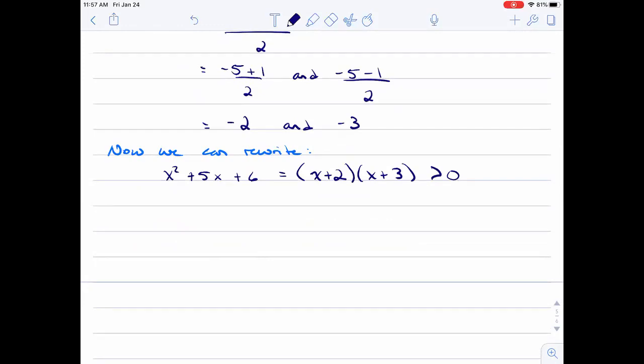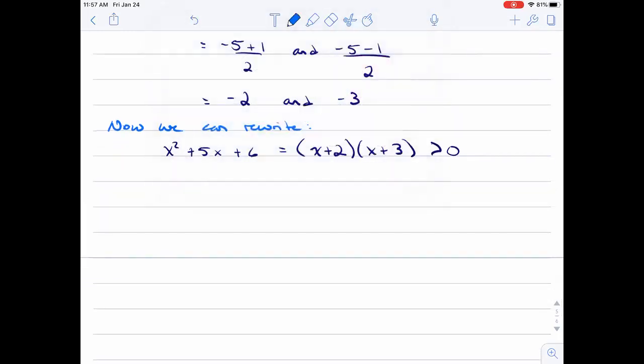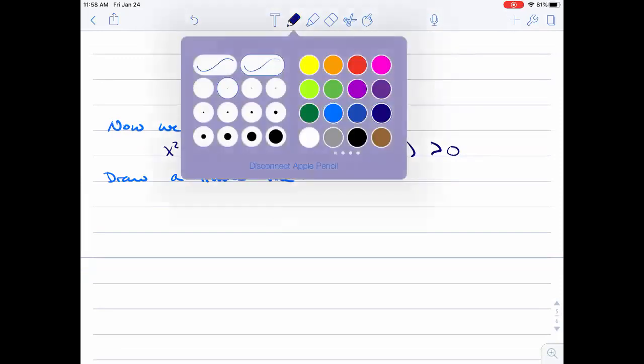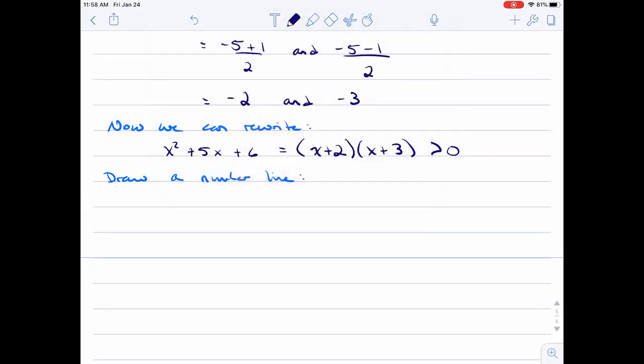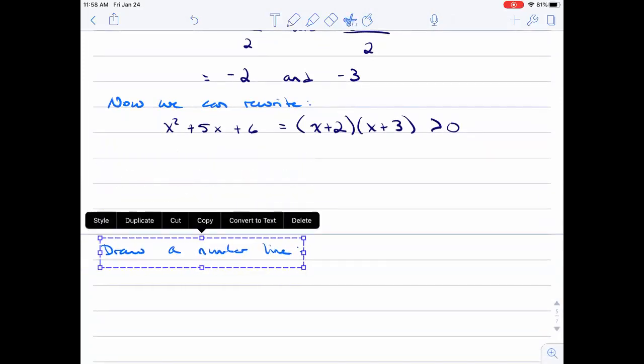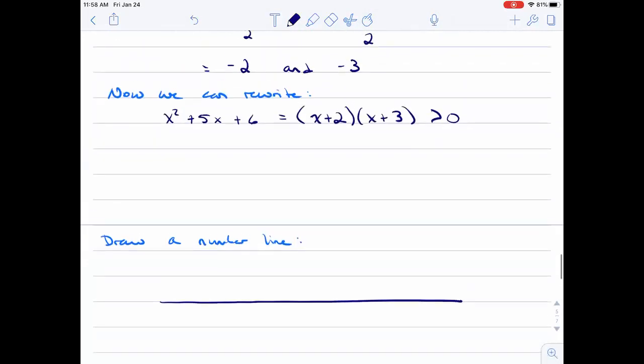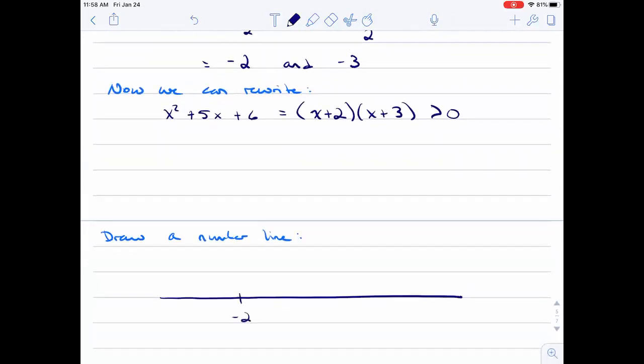And so if we draw our number line, and maybe what I'll do is I'll move this to the next page because I'm going to need more room here. So if I draw a number line here, then I'm going to have cutoffs at -2 and -3.